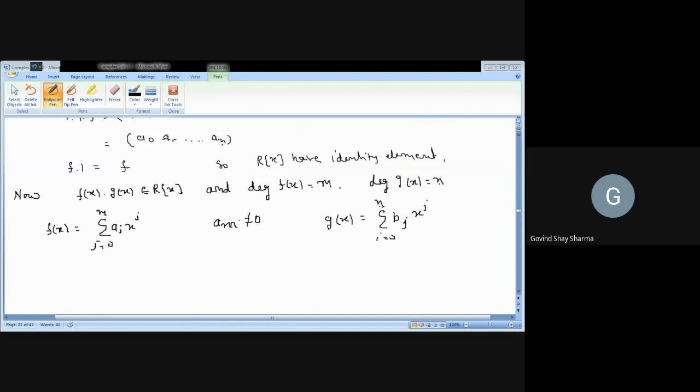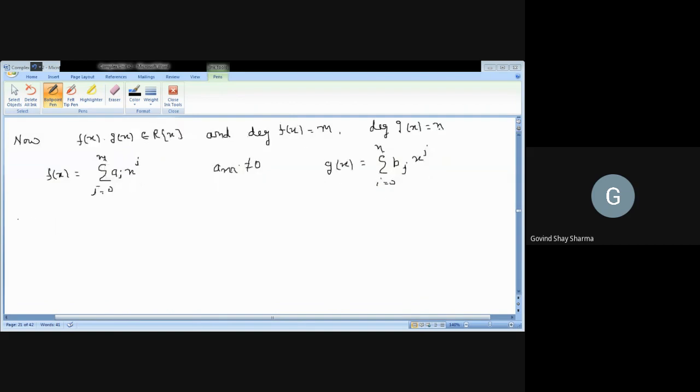Now we will show that, since R is an integral domain, a_m dot b_n is not equal to 0.